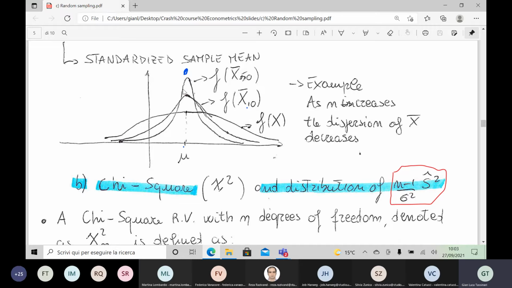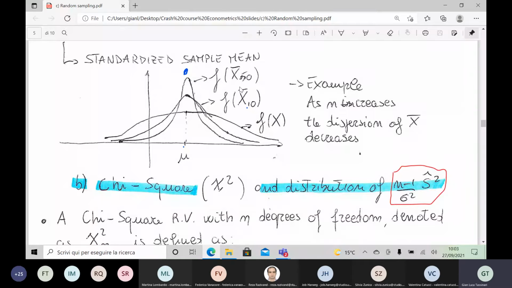And again, the standard deviation is the distance between the inflection point of this probability distribution and the expectation. The inflection point, you see, until here is convex, after here is concave, so it's about here. So this horizontal distance, which is very small, is the standard deviation of the sample mean when the dimension of the sample is 50.